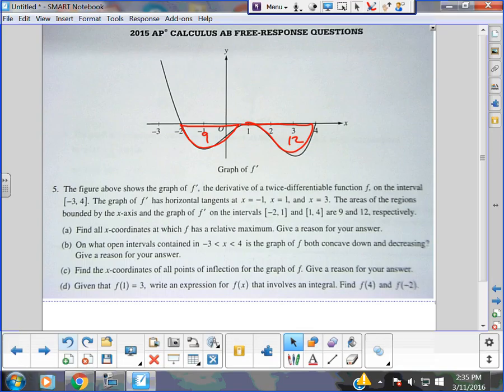But we should recognize that when we have area under the curve, we really should think of this as -9 and -12. It didn't do it that way; it just gave the area of the region bounded. So we have 9 and 12, and I'm going to leave them up there underneath the curve as we do our problem.